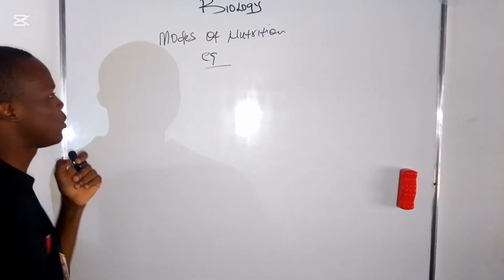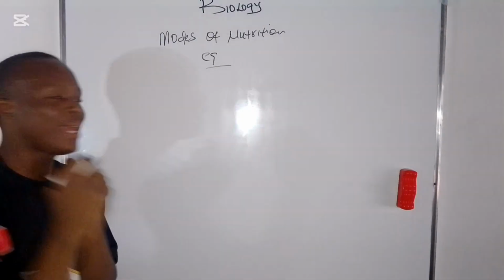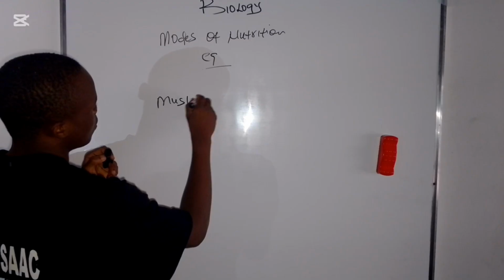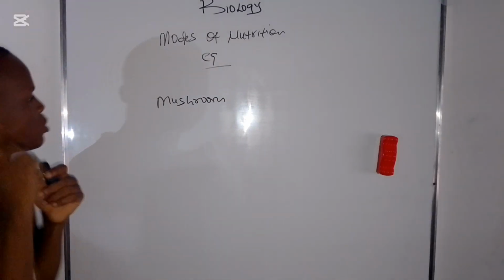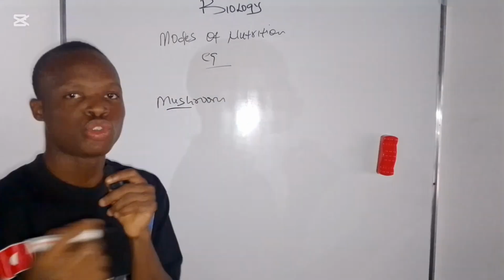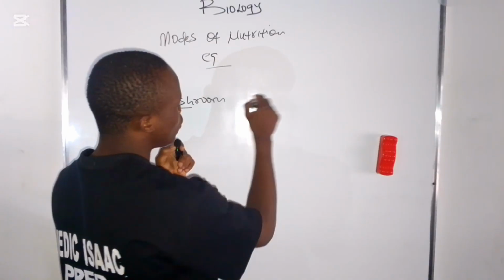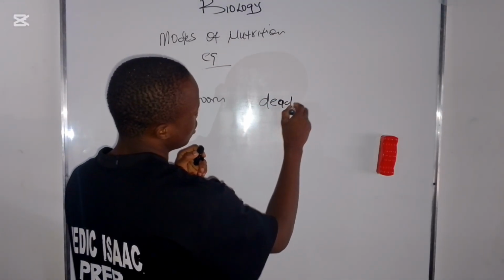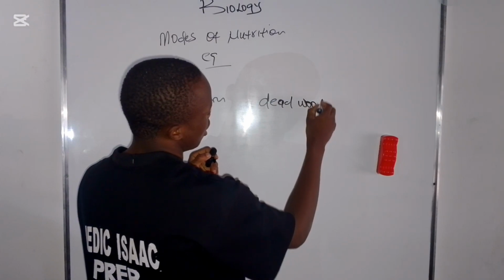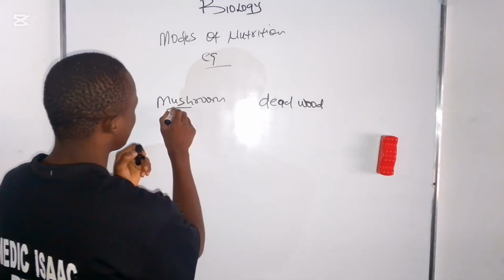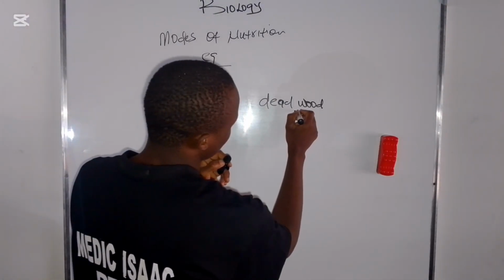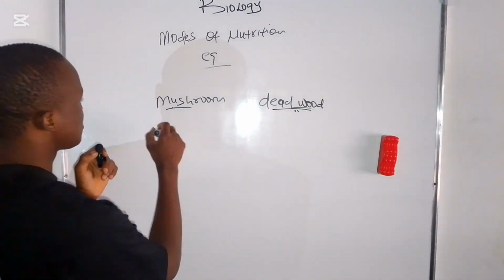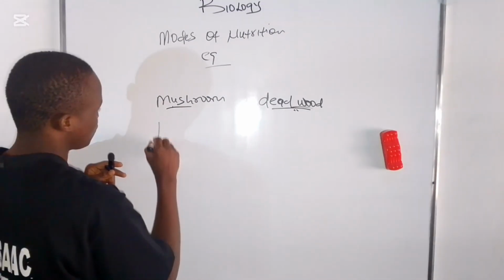Now, the organisms that undergo these kinds of nutrition are the likes of mushroom. Mushroom, to derive its nutritional value, is going to contact dead wood. You know what this means now? Dead wood, right? So next is Rhizopus.